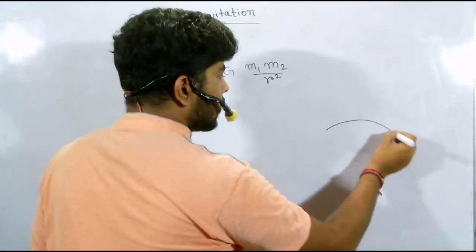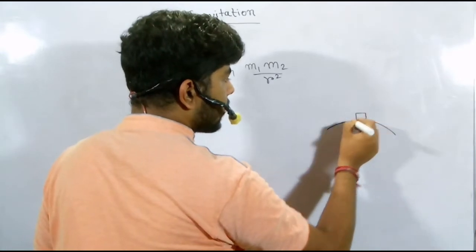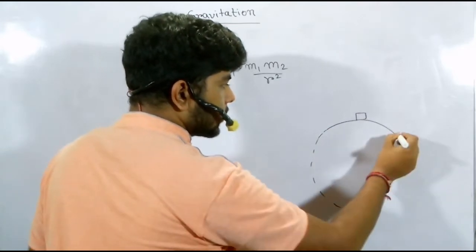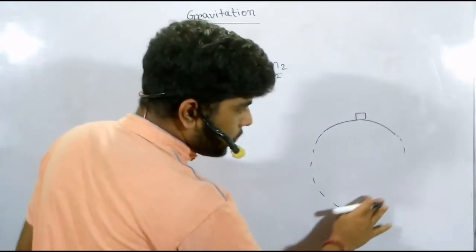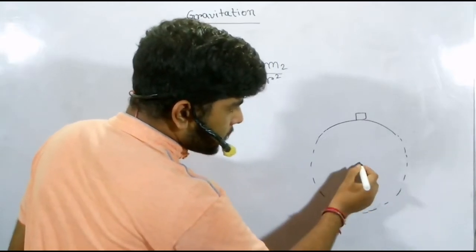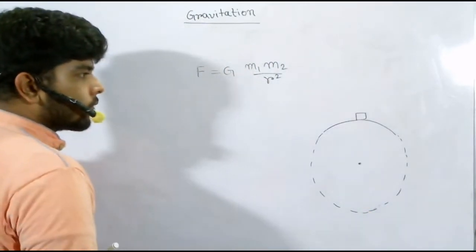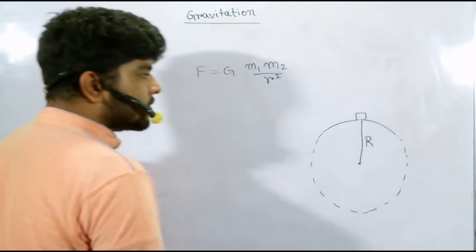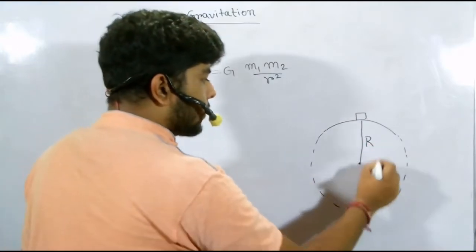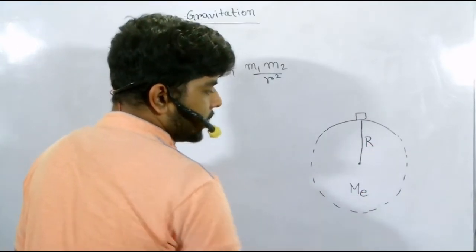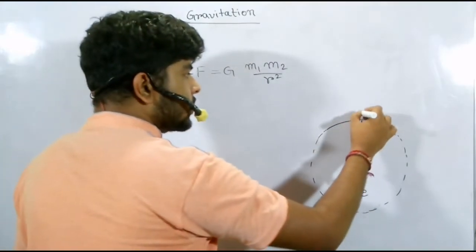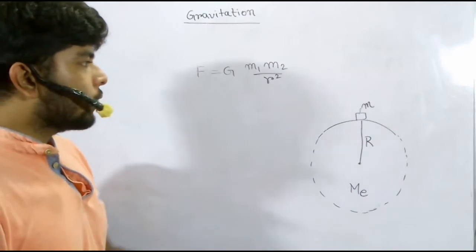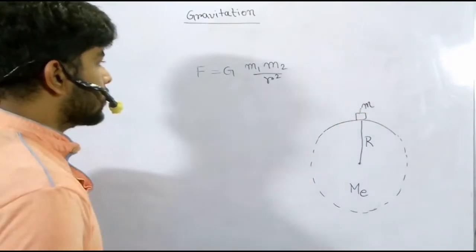Now suppose an object is at the surface of the earth, and the earth is of circular shape. Suppose this is the center of the earth and the distance is the radius of the earth, so we take the radius as capital R, the mass of the earth as Me, and the mass of this object as m. Let's calculate the force acting on that mass.